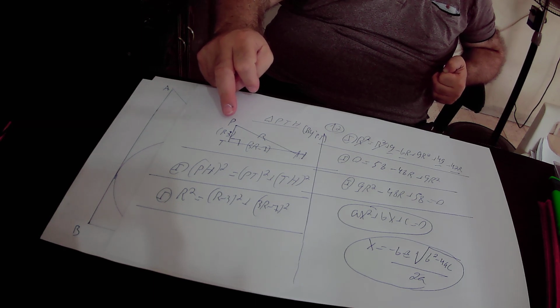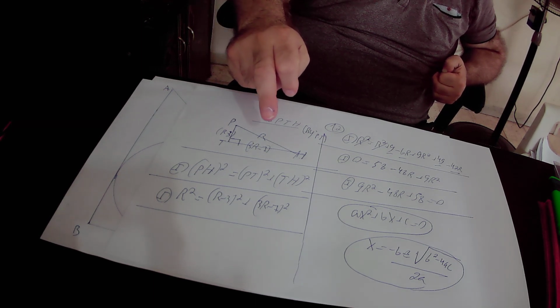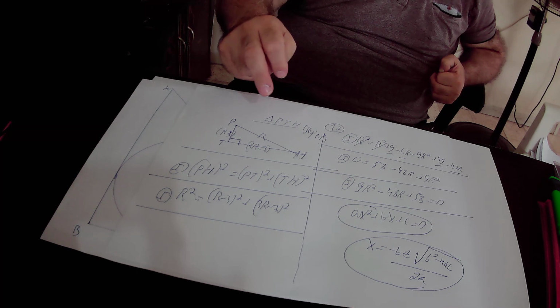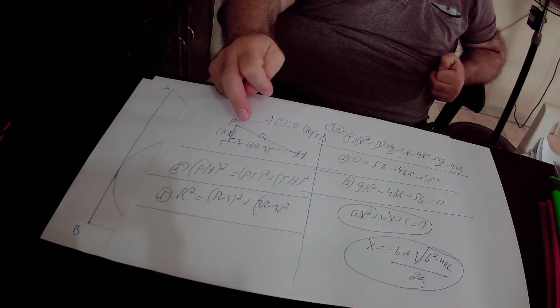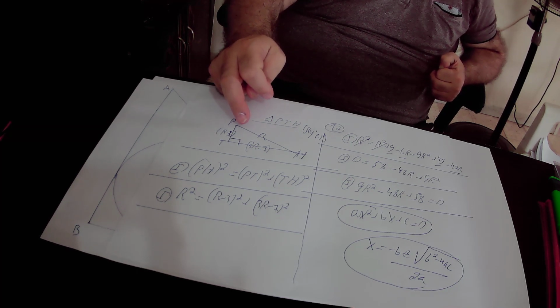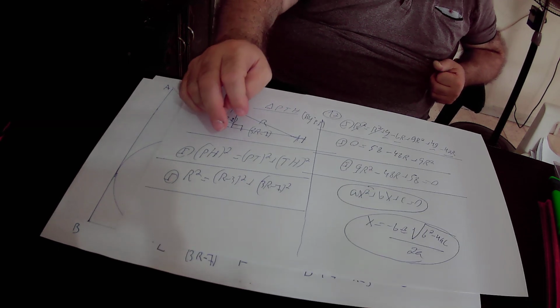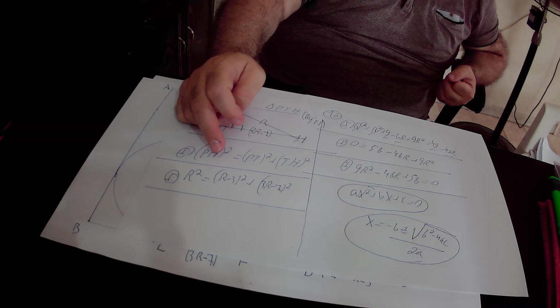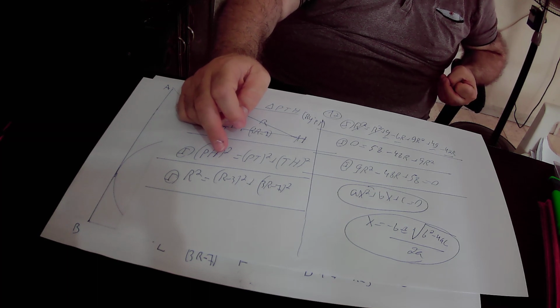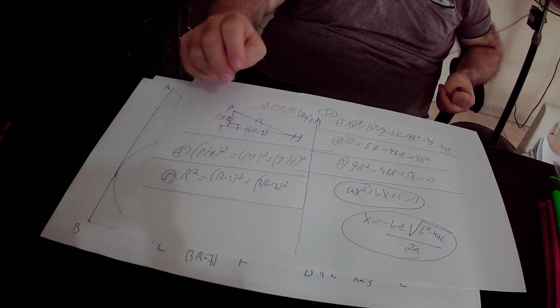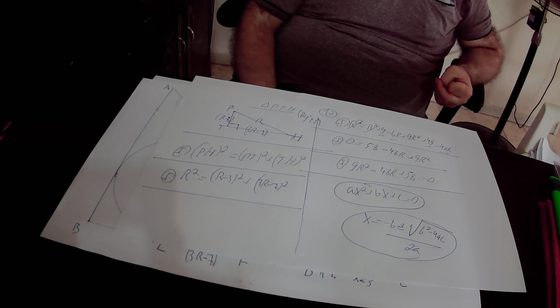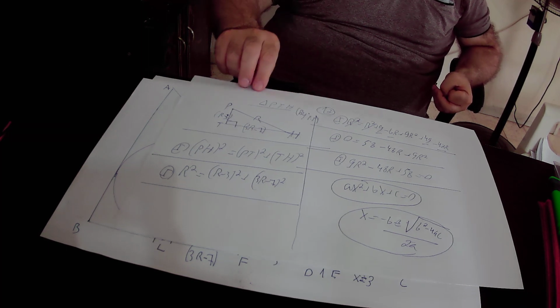PT equals R minus 3, therefore PT square is R minus 3 square. And TH equals 3R minus 7, therefore TH square equals 3R minus 7 square. So according to equation number 1, we found out that R square equals R minus 3 square plus 3R minus 7 square. We solved this quadratic equation.